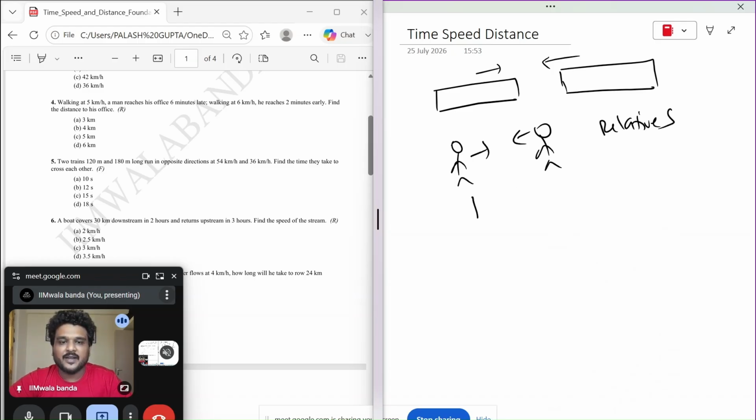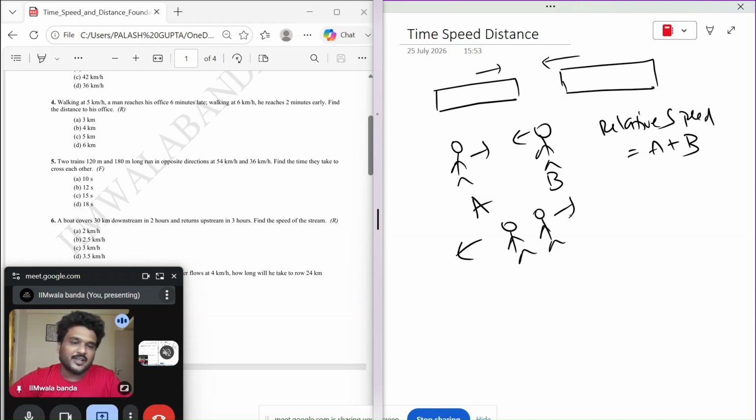If they had speeds a and b, their relative speed will actually be a plus b. And if they're moving away from each other, if this guy was stationary, he would move, but if this guy is also moving in the other direction, he will see him moving much faster compared to if he was stationary.